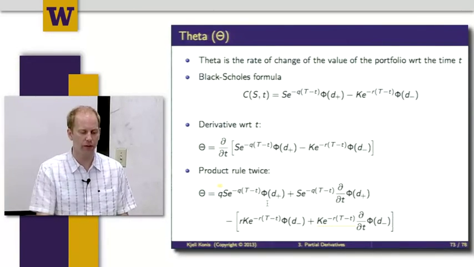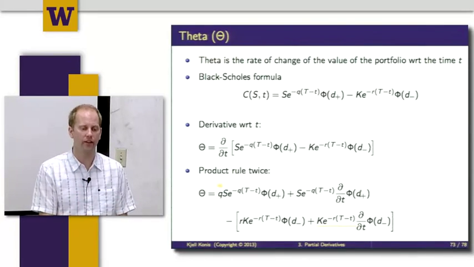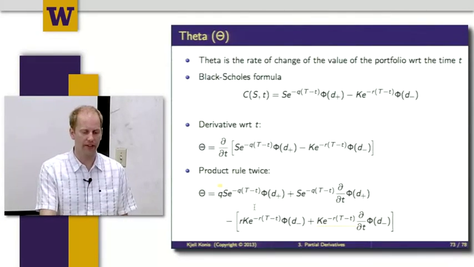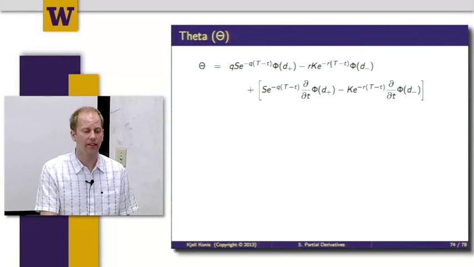So what I'm going to do is just rewrite these so that I have the two functions that have the partial derivative with respect to t of the phi. Those will go in one group, and then the other two will go in the second group. So I end up with this expression here.